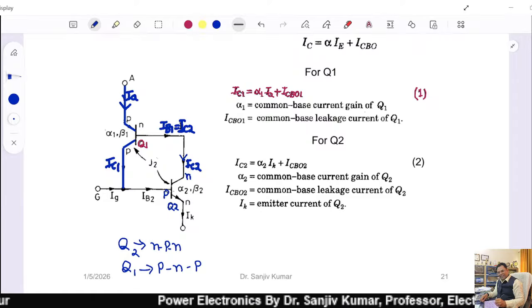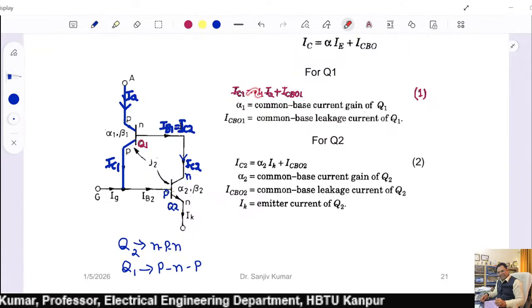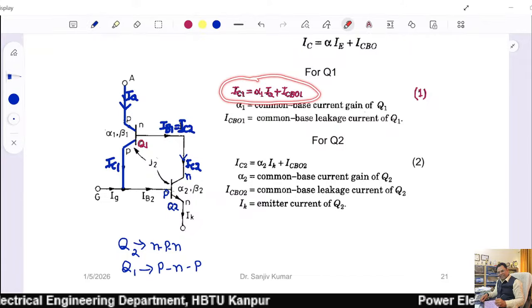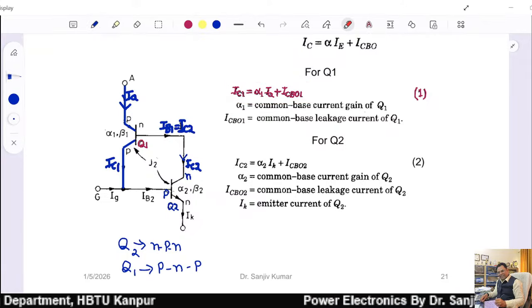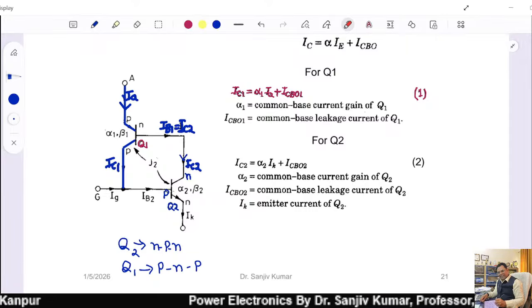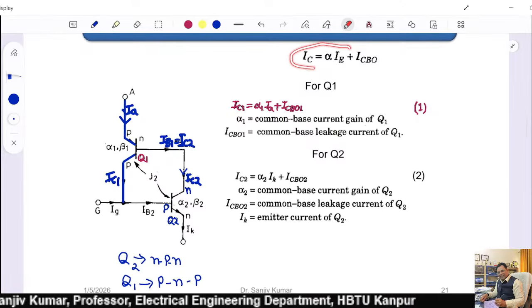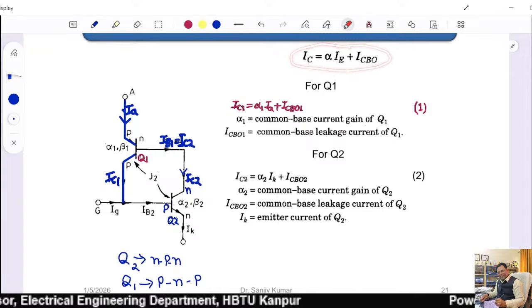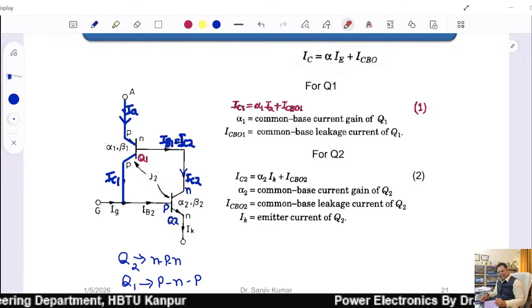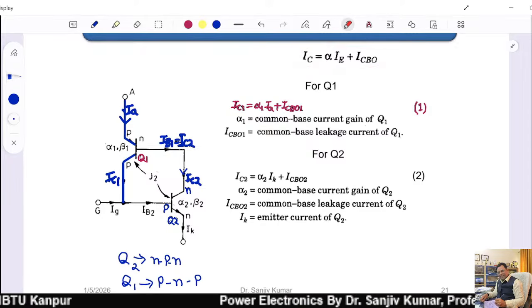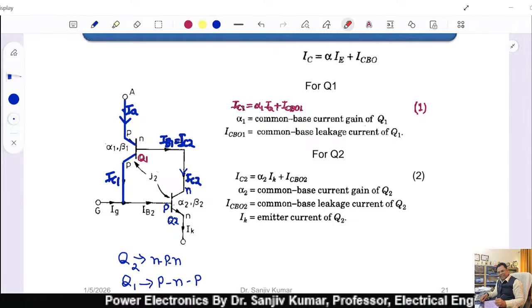We can write it like this: IC1 is equal to alpha 1 IA plus ICBO1, because we know in general IC is equal to alpha IE plus ICBO, where ICBO is the leakage current flowing.